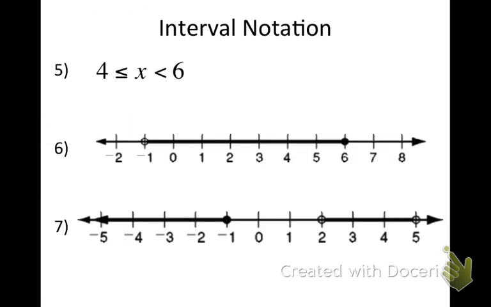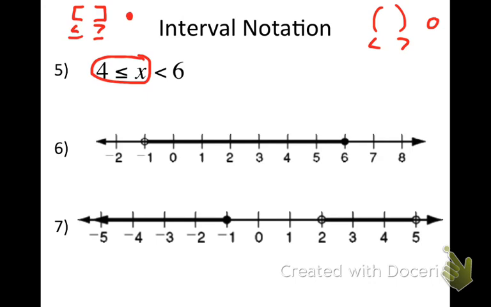So let's look at number 5. It says 4 is less than or equal to x, which is less than 6. So remember here I have brackets, or I have parentheses. When I'm looking at 4 is less than or equal to x, is the 4 included or not?